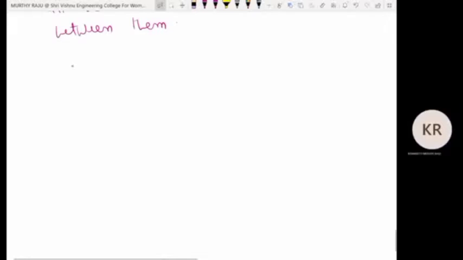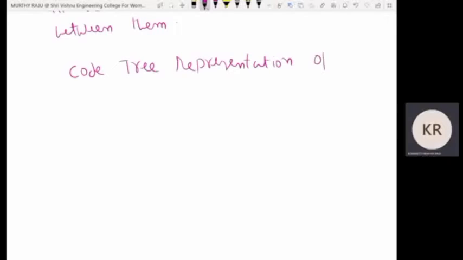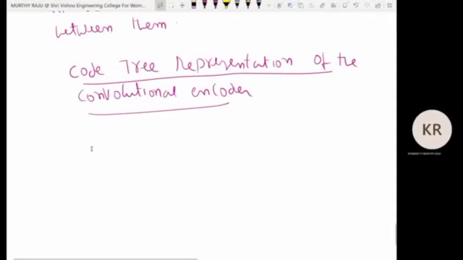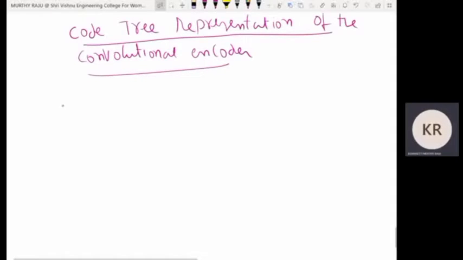Code tree representation of the convolutional encoder. Here, I will dictate some important points related to it.